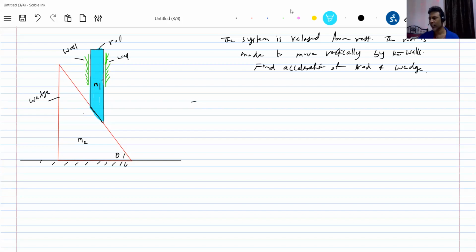That's what the walls will do there. We have to get the forces that are acting.